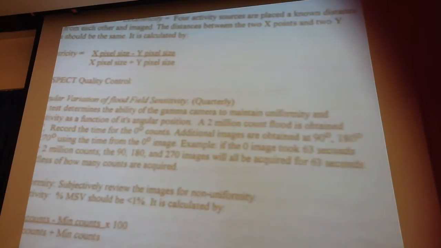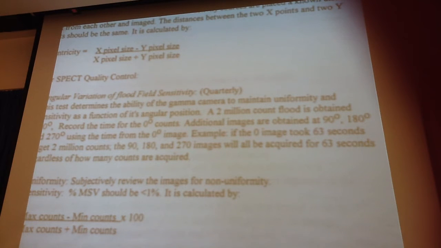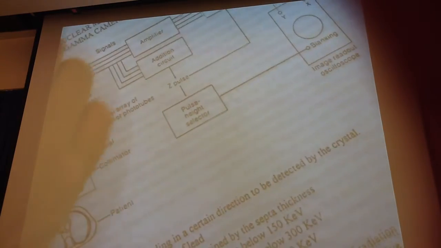So, with that happy note there, the other thing that is of importance as far as SPECT images can be found in your math book, on page 138 of your math book.